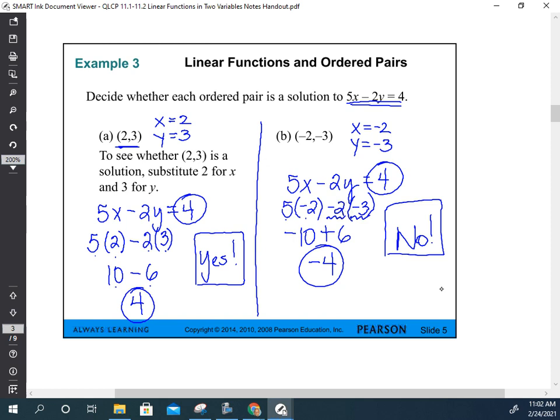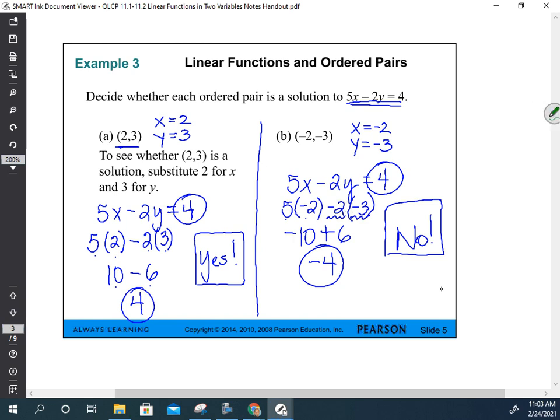Go ahead. Yep, you solve for every option. Any option they give you, you do it. Because who's to say that the second option also works? The second option could work.